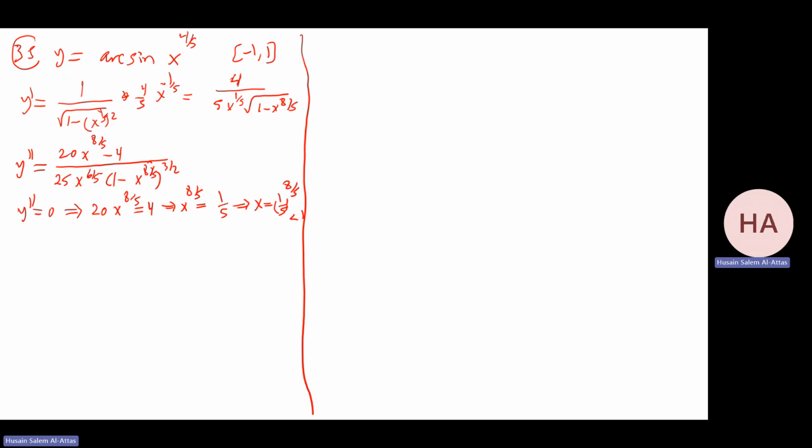This is for sure less than 1, so it's in the domain of f. Okay. And y double prime does not exist if x equals 0 or x equals 1. 1 is a borderline, so no need to worry about it. So I have minus 1, I have 0, I have this strange number, and I have 1.